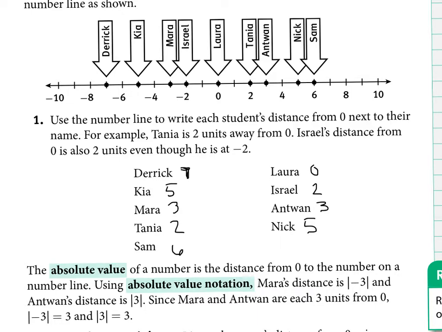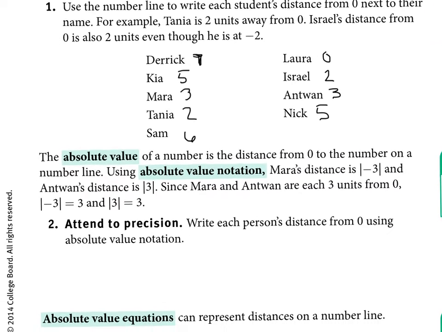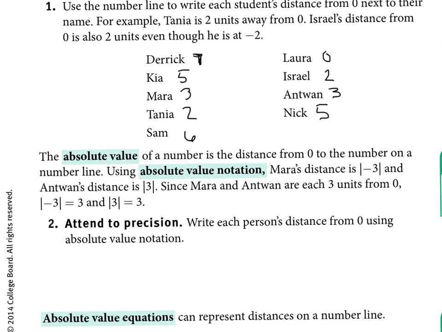That's one thing about absolute value. Absolute value, and we'll go down here to the definition. The absolute value of a number is the distance from 0. So whenever we measure absolute value, we're asking how far away it is from 0 on a number line.